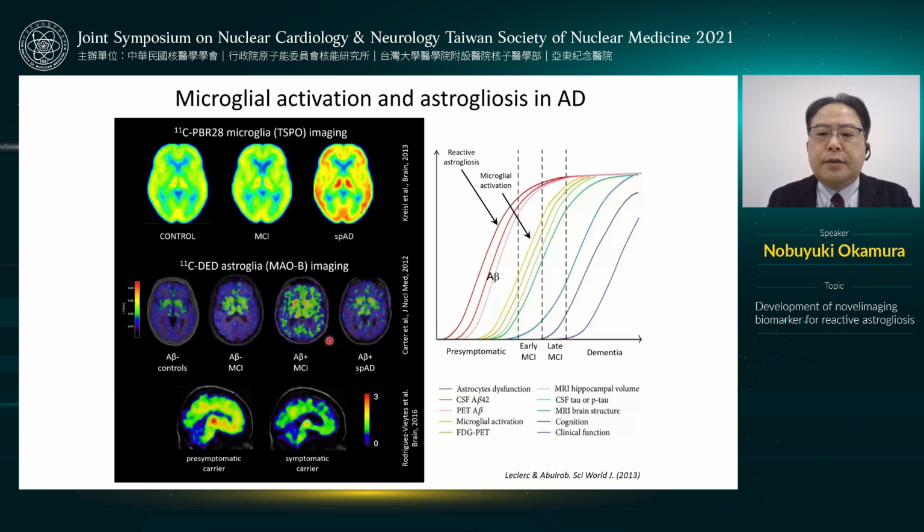In contrast, C11 labeled deprenyl PET studies have shown the increase of monoamine oxidase B positive astrocytes in amyloid positive MCI and also the presymptomatic stages of familial AD cases. It has been proposed that reactive astrocytes are a very early event in the progression of Alzheimer's disease.